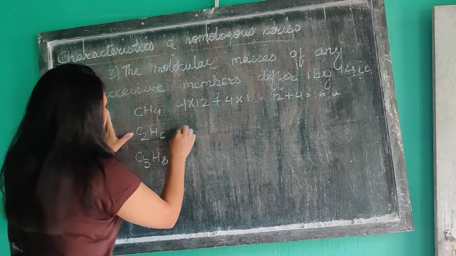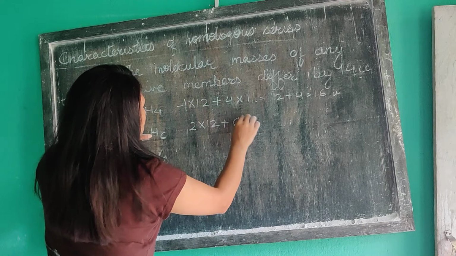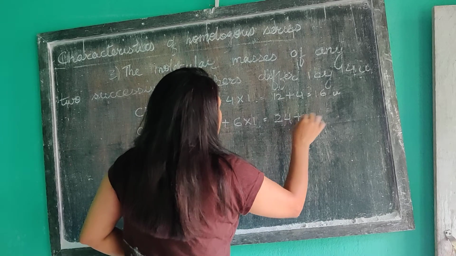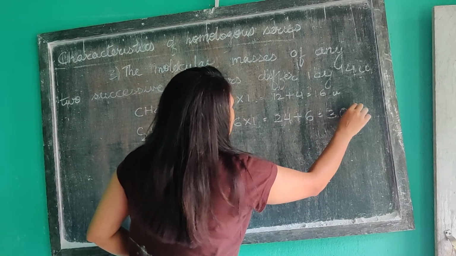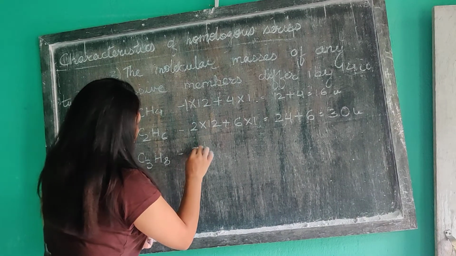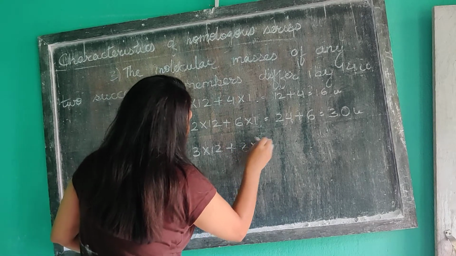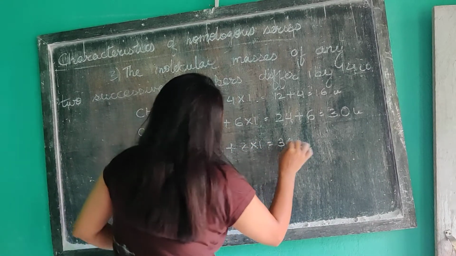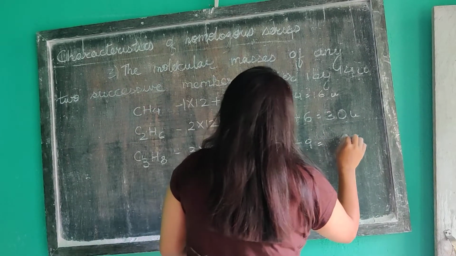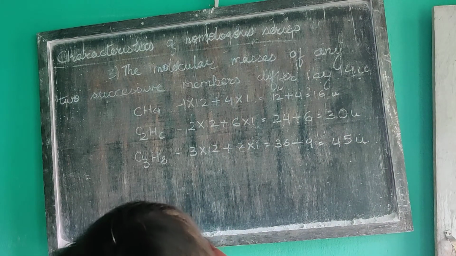Now the second: there are 2 carbon atoms into 12 plus 6 hydrogen atoms into 1, so 24 plus 6 is 30 units. Similarly, the third one: 3 into 12 plus 8 into 1 is 36 plus 8, which is 44 units.